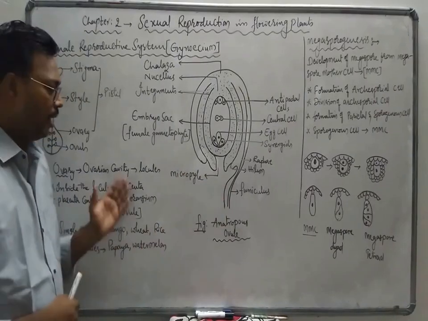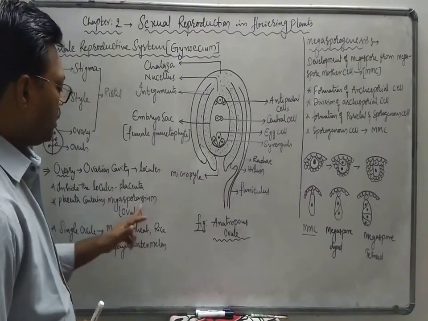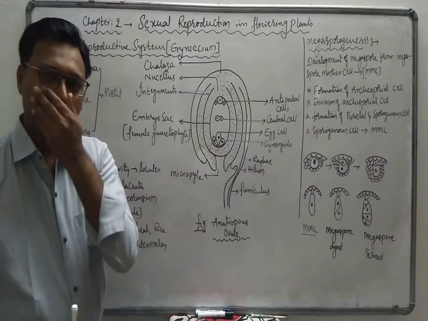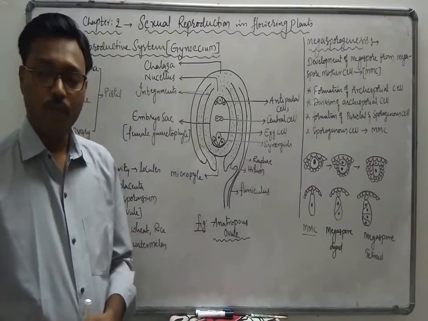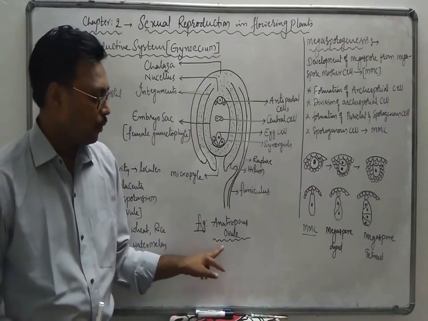Now we are going to discuss the structure of the megasporangium, that is called the ovule. In plants there are different types of ovules. Here we have taken the basic type of ovule called the anatropous ovule.